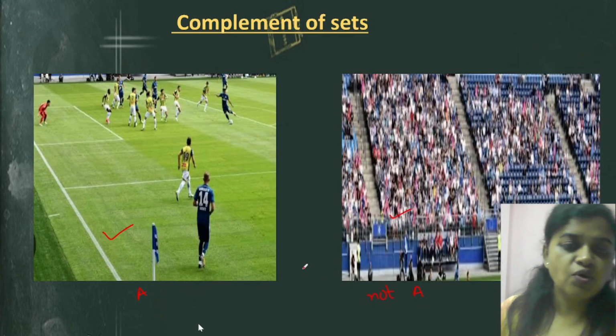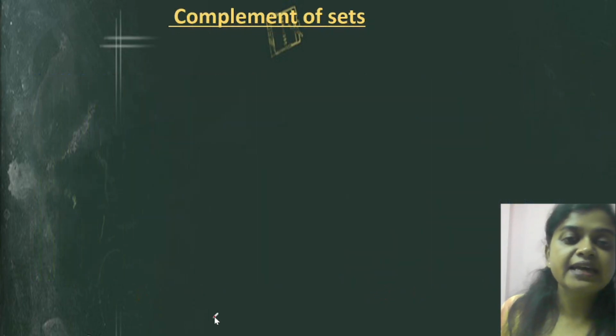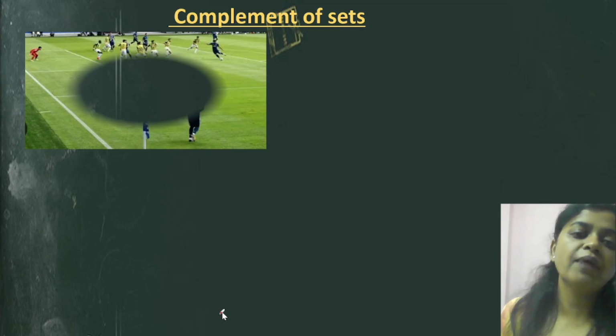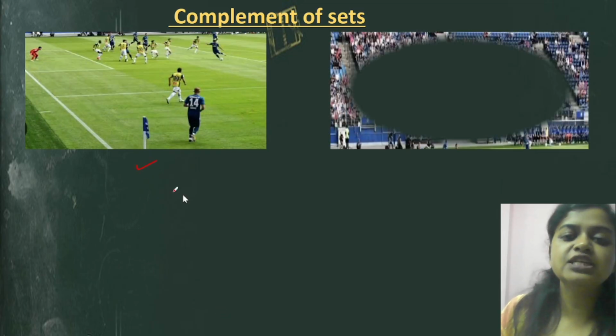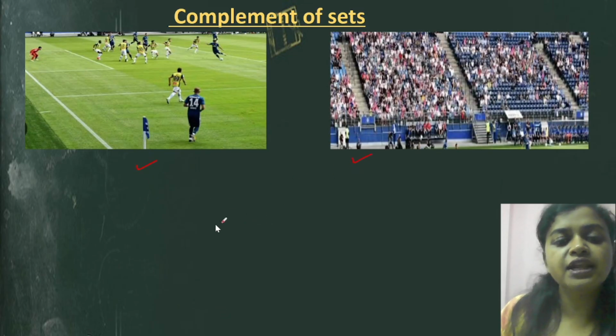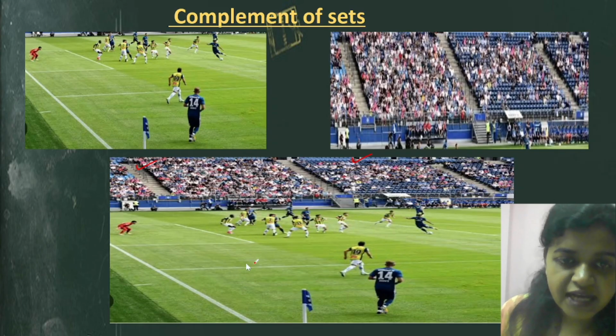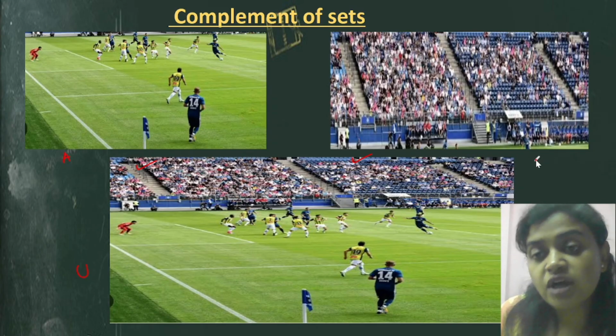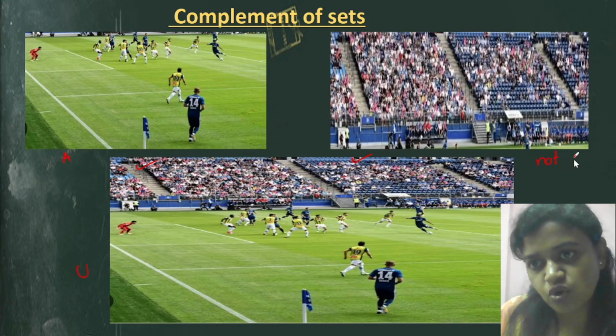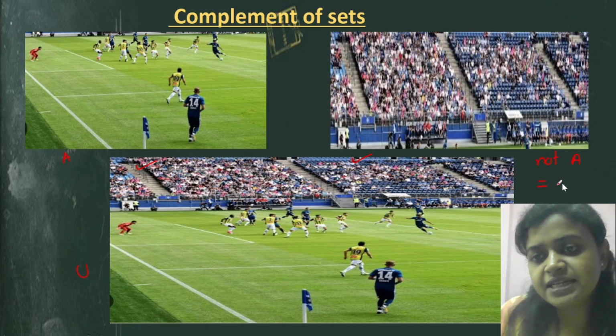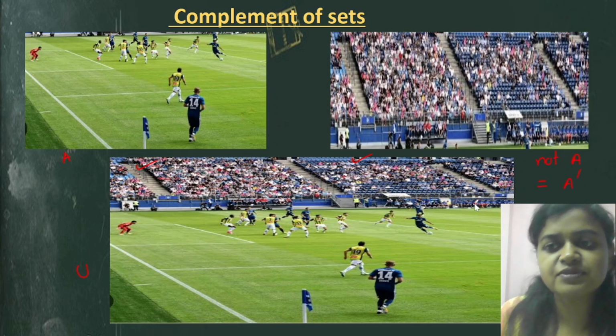Clear? But if I include these two parts, this portion and this portion, we'll get the whole scenario. So we consider this the universal set, and this is set A, and this is not A. We can denote it by A dashed.